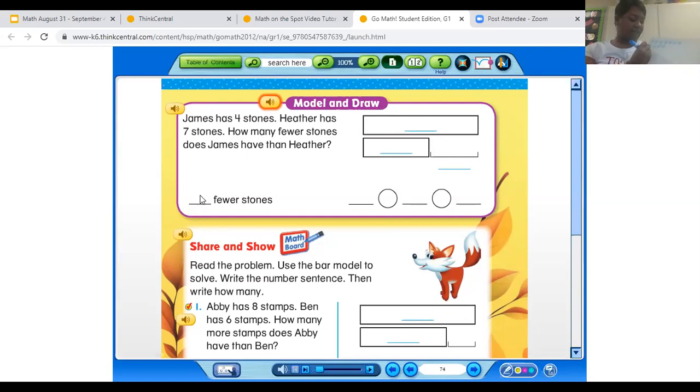We have 7. We took away 4. 7 minus 4 is equal to 3. Then we want to make sure that we have the correct symbols, and this is our difference. Our difference is 3.